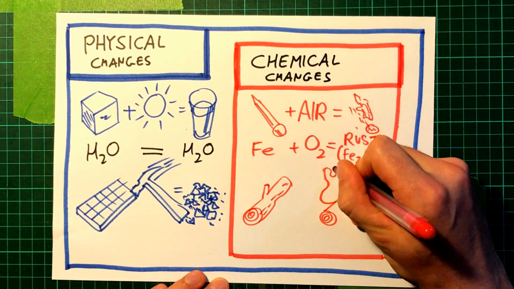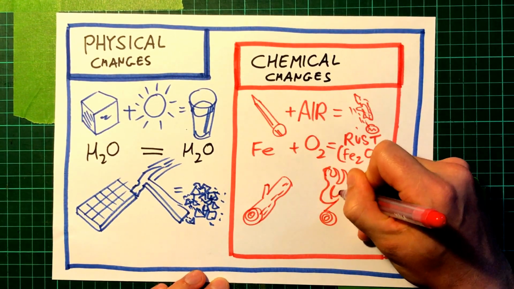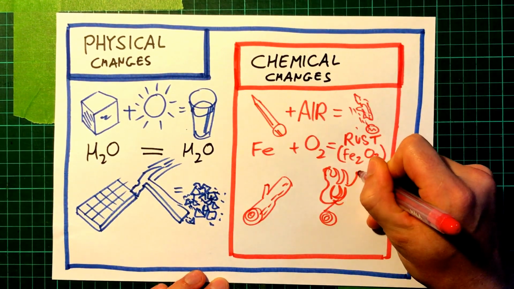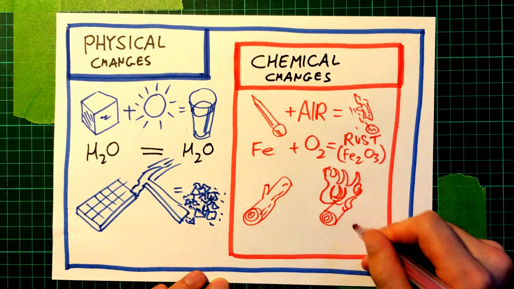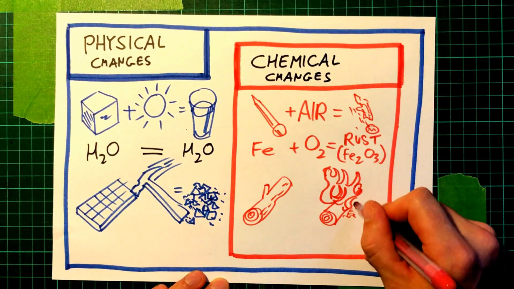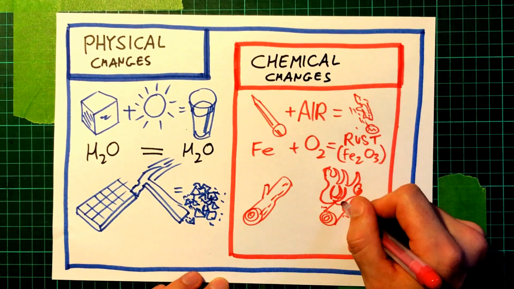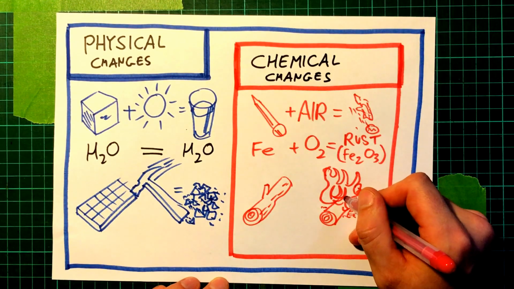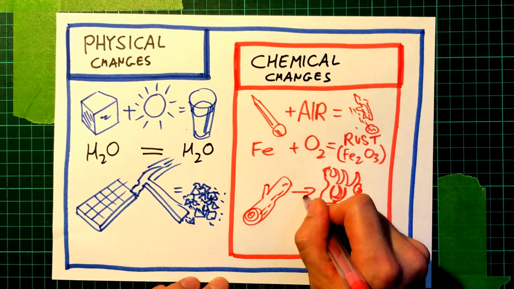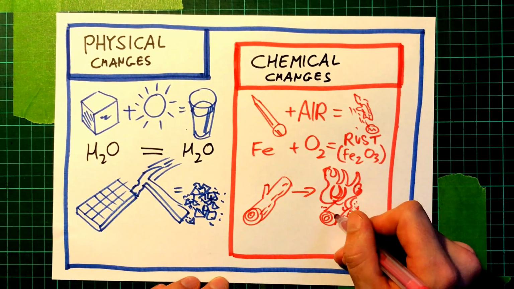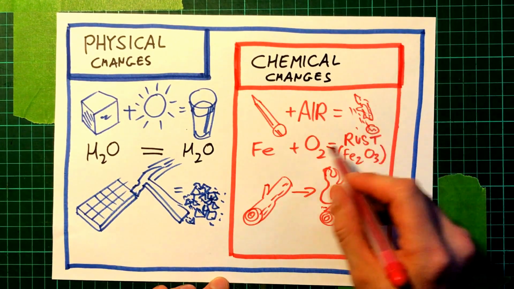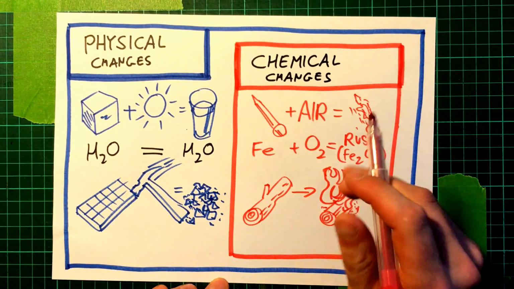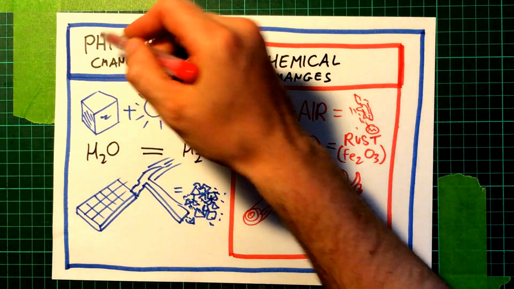Not a very good fire, but you get the general idea. And you end up afterwards with ash broken down. The combustion here is causing a chemical change. The oxidization here is causing a chemical change, but it is also causing a physical change.